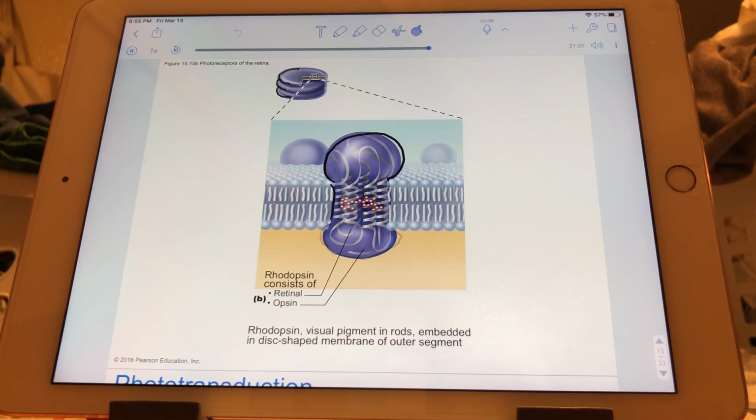If this is a rod as our model, then this particular opsin is rhodopsin, okay? And it is near or in conjunction with, sorry, these pointers don't align the way they originally did, with this guy, that's retinol, okay? They're nearby each other all the time, but it's really a question of whether they're bound to each other, that they will form a complete photopigment, unfortunately often referred to as rhodopsin.